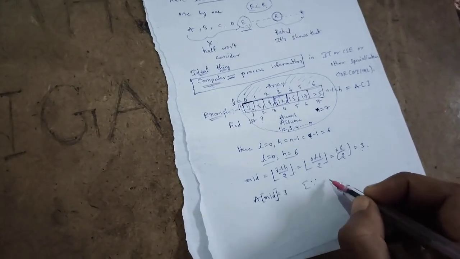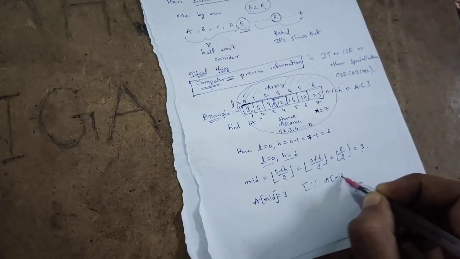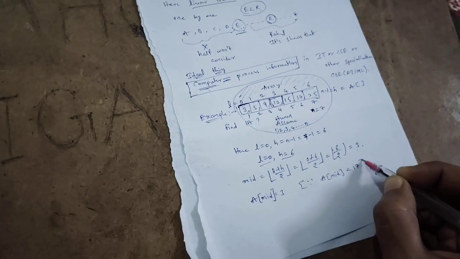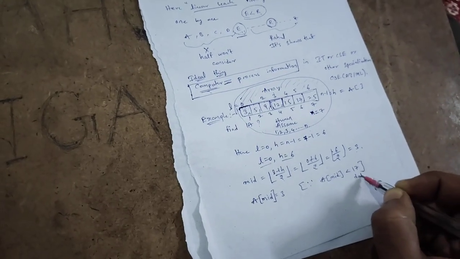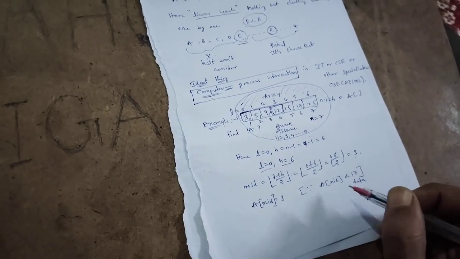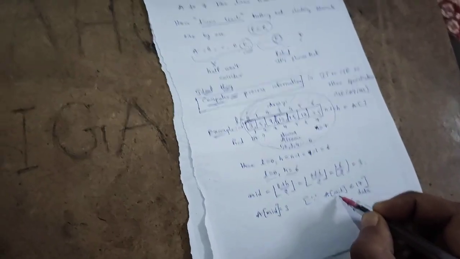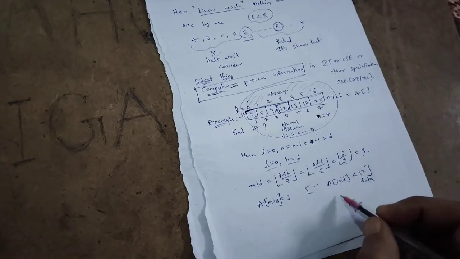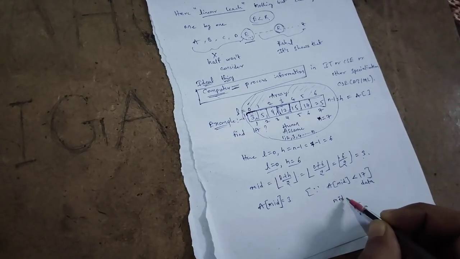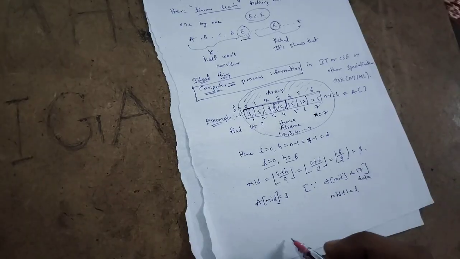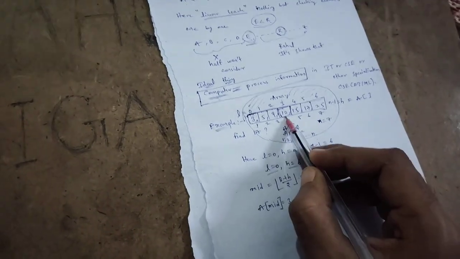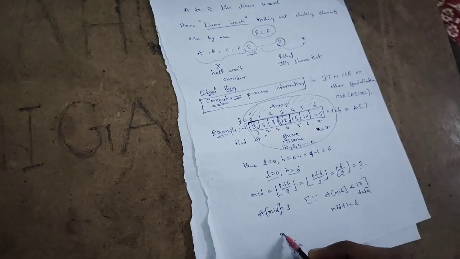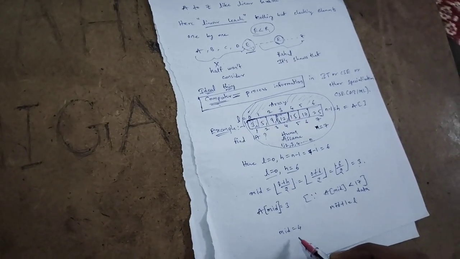Let's check: is A[mid] less than 17? This is our data. If the mid value is less than our data, then mid plus 1 equals L. Here our mid value is 3, plus 1 is 4.